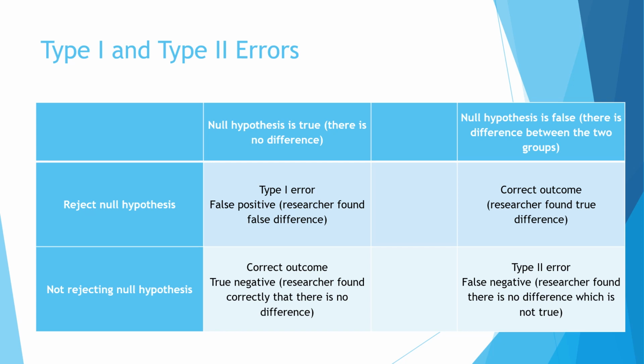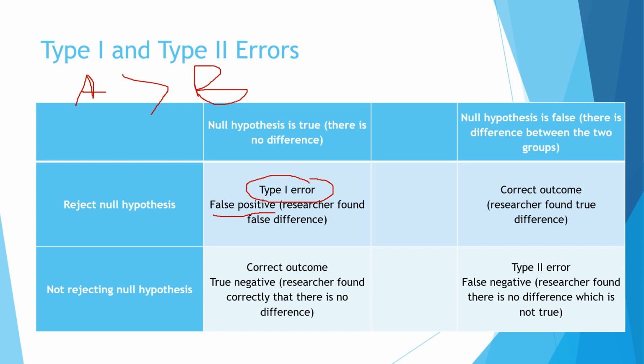So let's talk now about type 1 and type 2 error. Let's say A is better than B. This is your research. You found that A is better than B. Type 1 error is when you have a false positive.